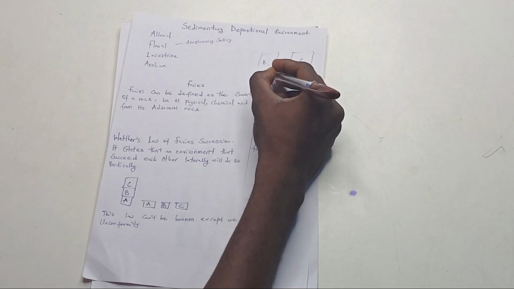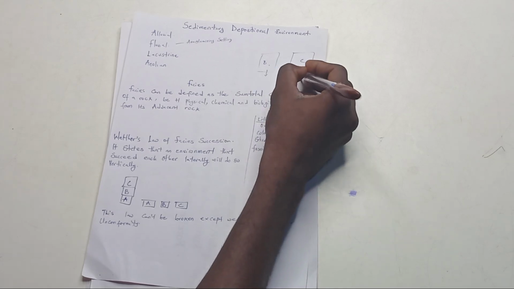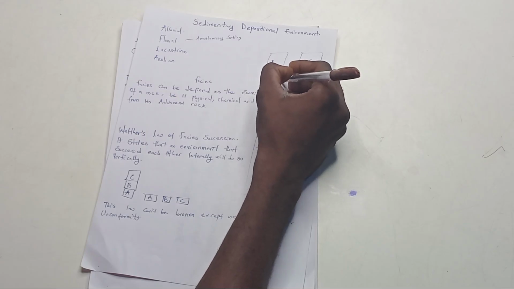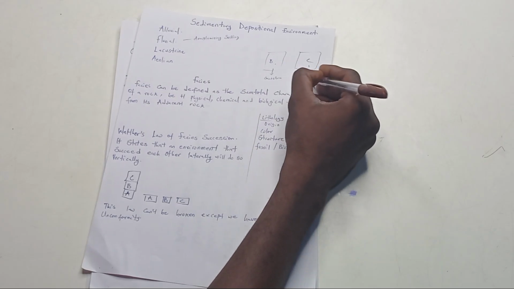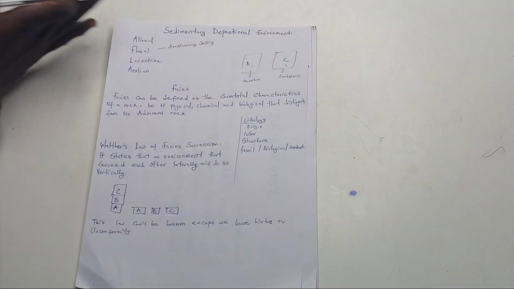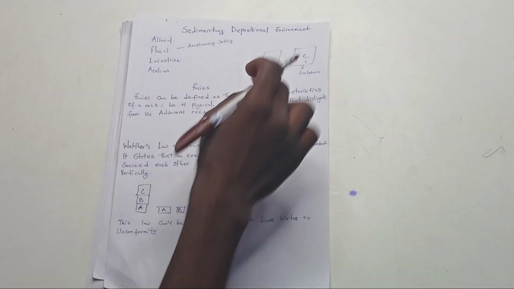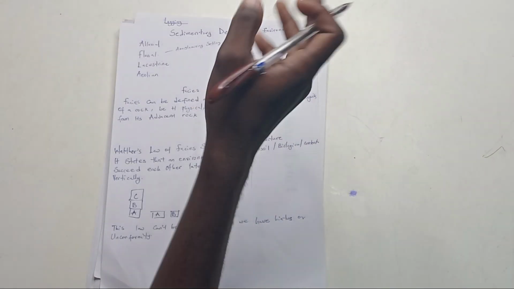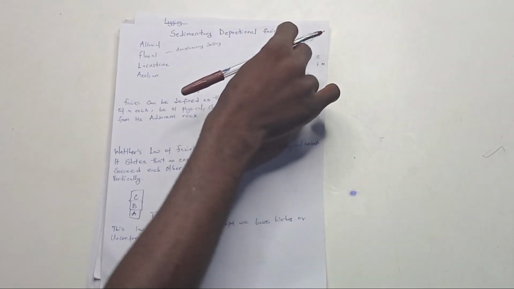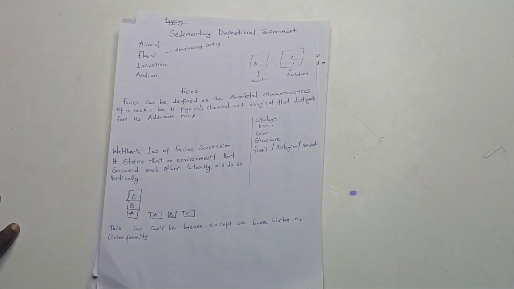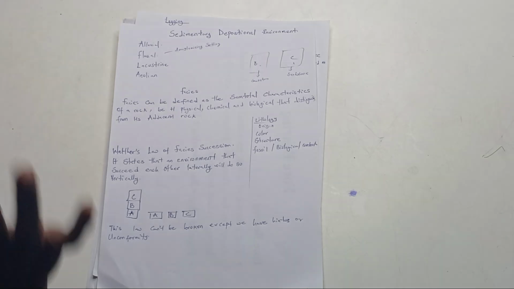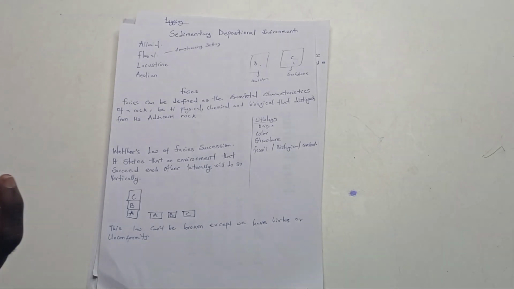Funny thing is that B and C can both have the same lithology. That means this one can be sandstone and this one can also be sandstone. But the issue is that a facies, based on where it was deposited, has physical, chemical, or even biological characteristics, the fossils that can be present in C might not be the fossils present in B. So that is why a facies is particular to a specific depositional system.